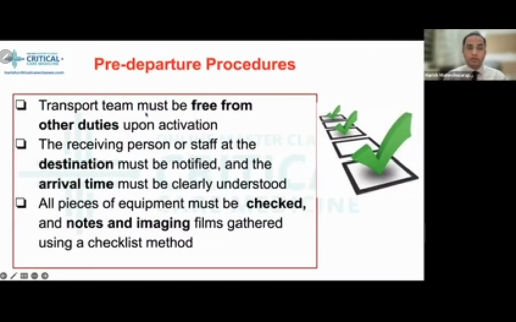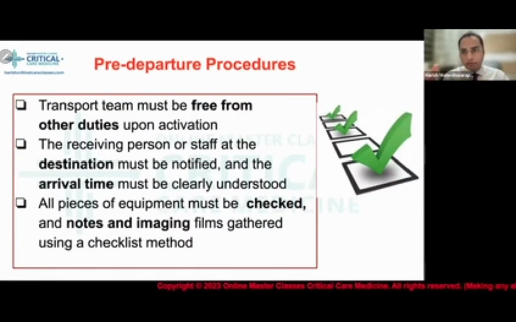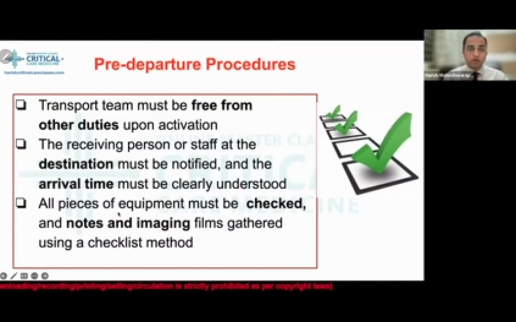Pre-departure procedure: the transport team must be free from other duties upon activation. It means you are initiating a transfer process and a team member has gone for some other delegated work. That should not happen, so you should have a dedicated team. The receiving person or staff at the destination must be notified and the arrival time must be clearly understood.